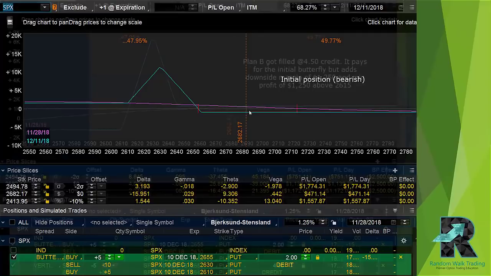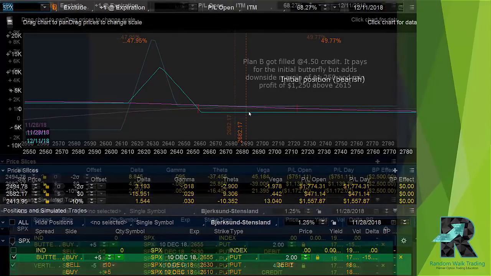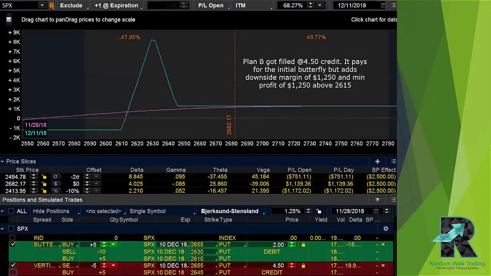So the next piece, we had an OCO order. We had a 5-point and a 10-point spread. The 10-point spread got filled. The market rallied to the downside, and we sold a 10-point vertical and collected $4.50 out of it.